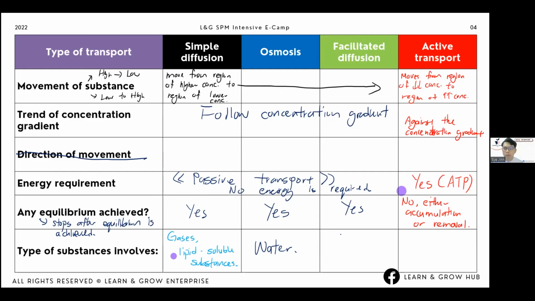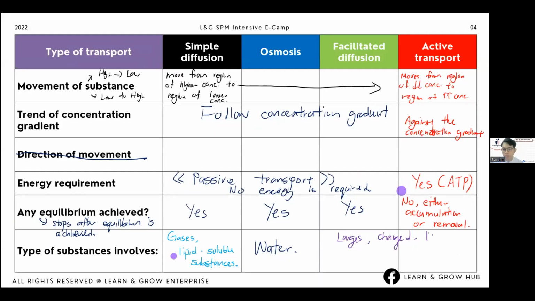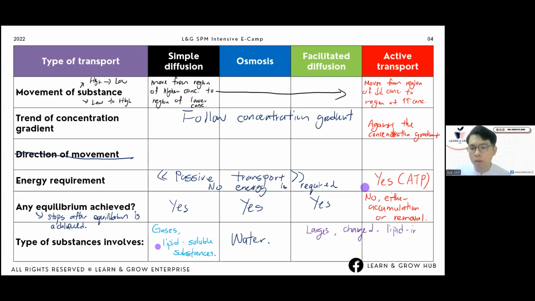So anything very large, or having a charge, or lipid insoluble, or you can describe them as water soluble substances, will be involved in either facilitated diffusion or active transport.